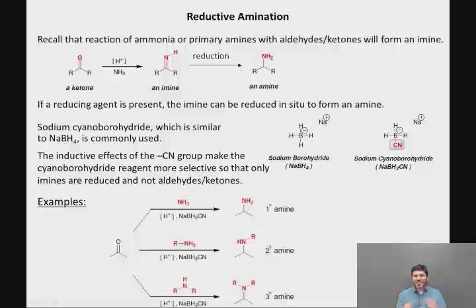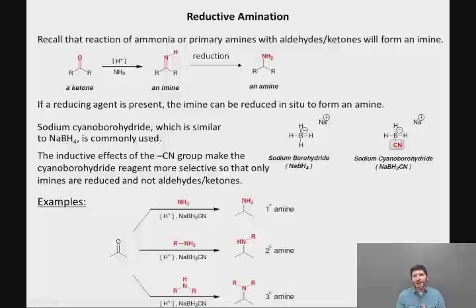But actually, if you think back, one of the intermediates in imine formation, right before you get to the imine itself, is an aminium ion, where you still have a hydrogen on the nitrogen and a positive charge. So the aminium ion is actually more easily reduced. The carbon is more electrophilic than the imine itself. So evidence basically points to the fact that the aminium ion is what gets reduced by sodium cyanoborohydride.